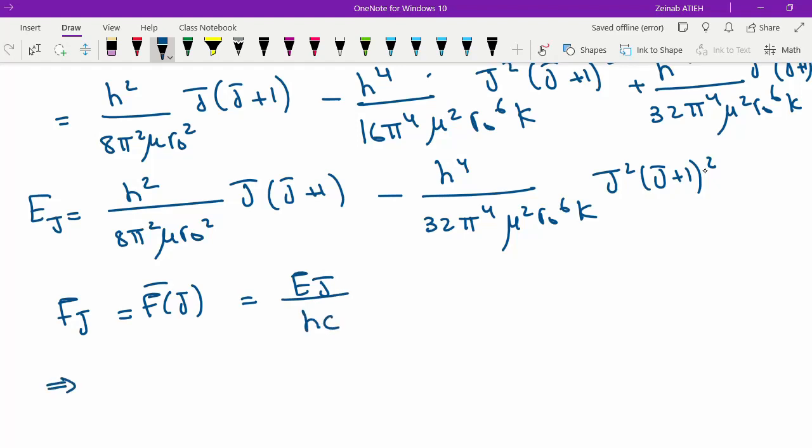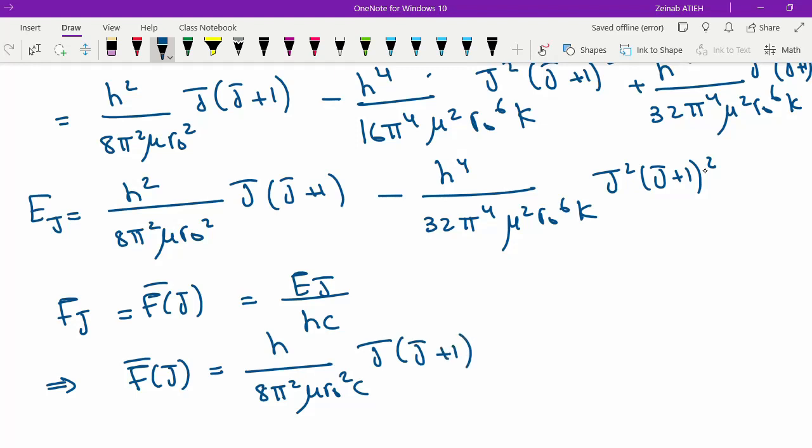So we will get Fj equals h over 8 pi squared mu r0 squared c j (j plus 1) minus h³ over 32 pi⁴ mu squared r0⁶ kc j squared (j plus 1) all of it squared.